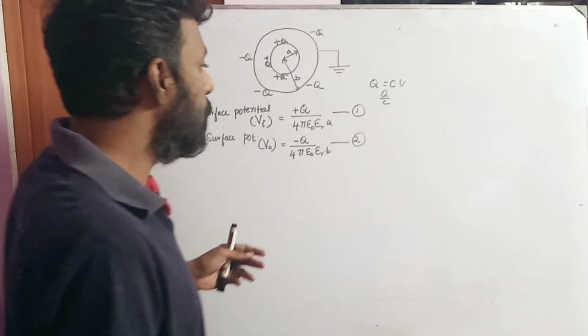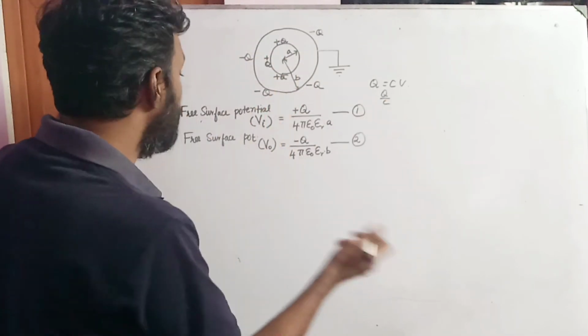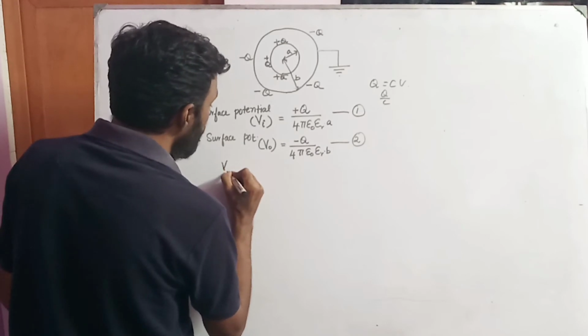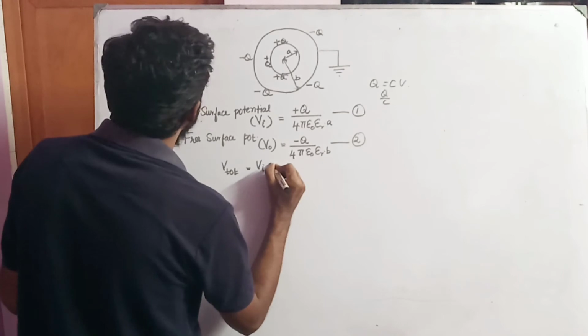Now I am going to add the potentials to get the total potential. V total is equal to Vi plus V0.